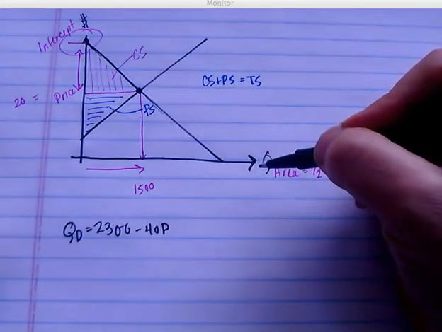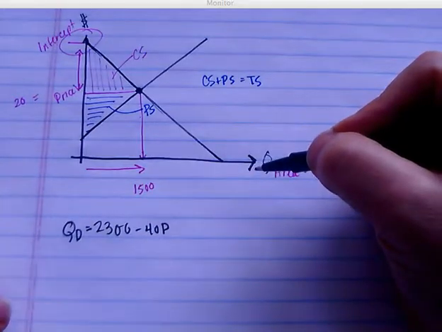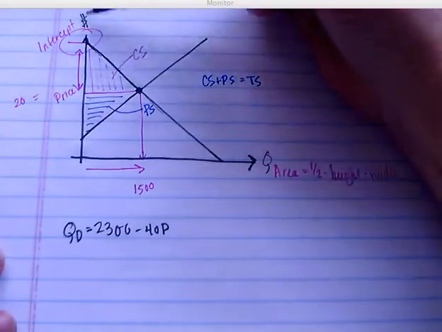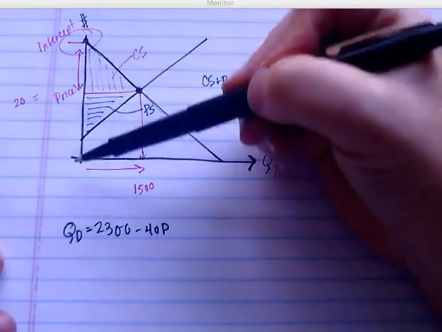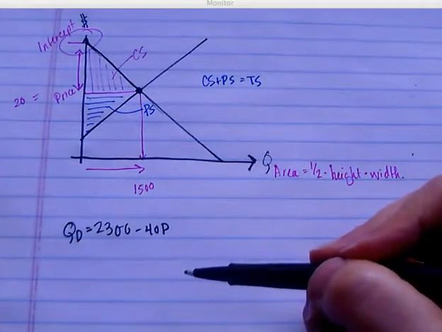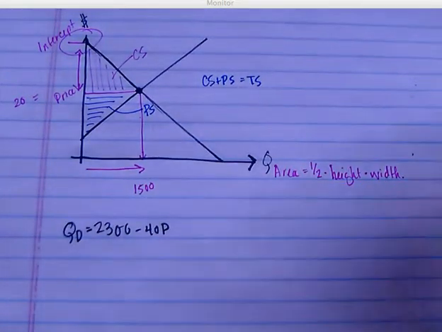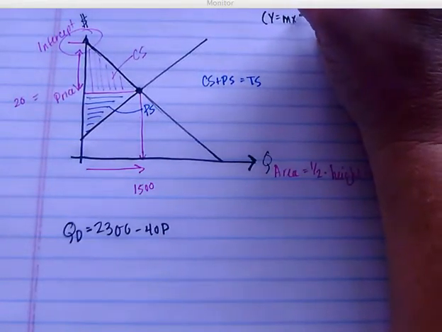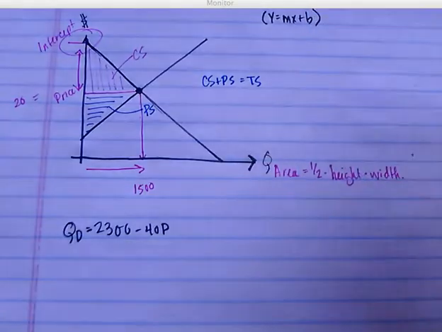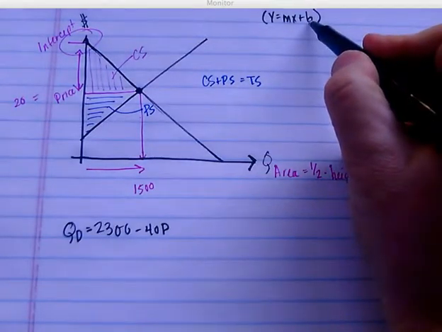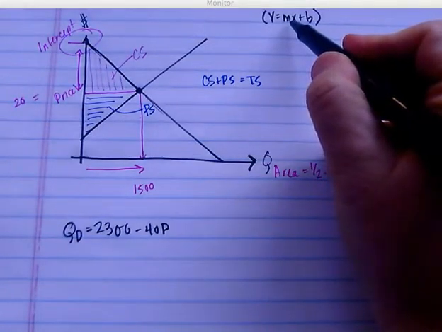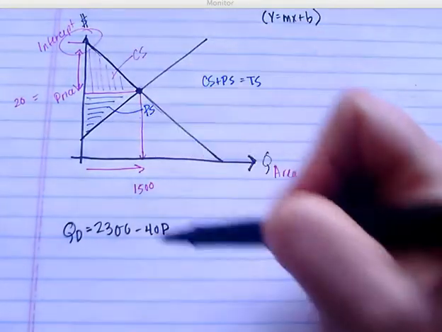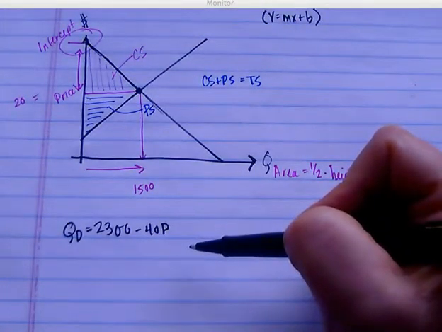To graph that, the price term on the y-axis has to be by itself, thinking back to our old friend y equals mx plus b.